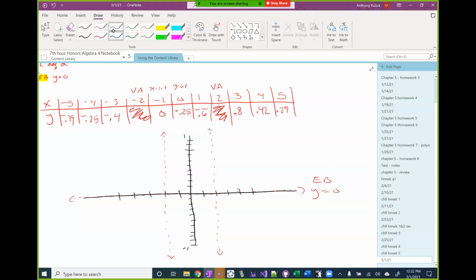Let's plot some points then. Let's see. So -5 and -1.9, -4 and -0.25, and then -3 and -0.4. And then we have -1 and 0, 0 and -0.25, and then 1 and -0.67.